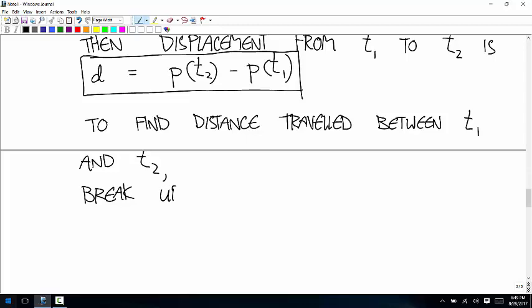So break up the path into legs where the object is only moving in one direction.